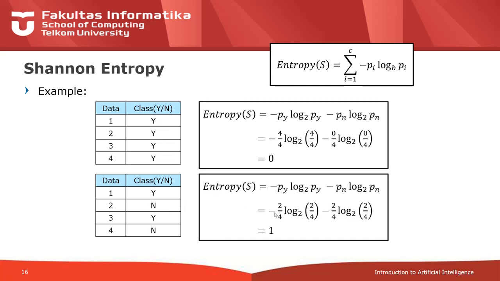The probability of yes here is 2 divided by 4, and here is also 2 divided by 4. So the entropy is 1. This is completely equally divided; all of the possible values are equally divided. Between 0 and 1 is how chaotic it is, meaning the entropy is more or less random.